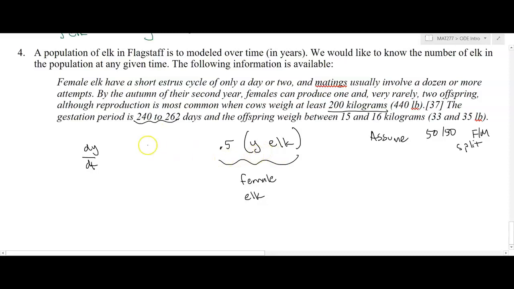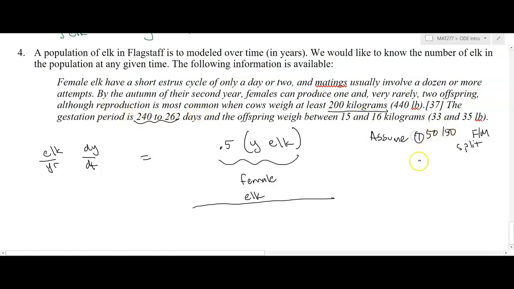So this is the female elk, but keep in mind that my units need to be in elk per year. So this actually tells me the number of elk, but not with respect to time. So in order to get elk per year, I have to divide this by how long it takes to produce those elk. Well, it takes 240 to 262 days.